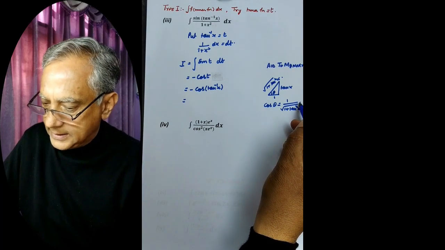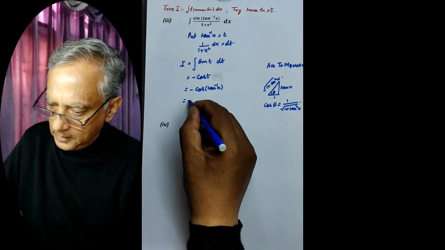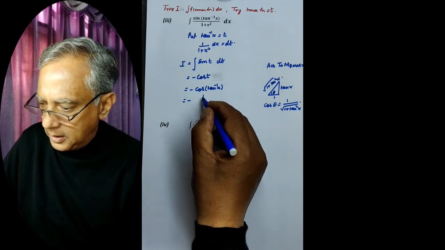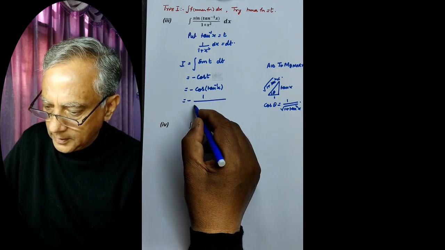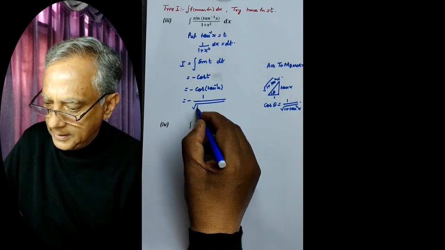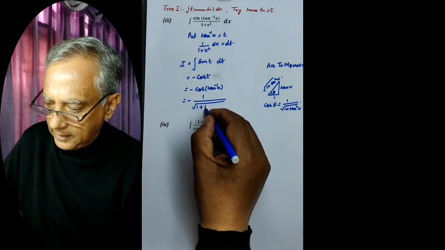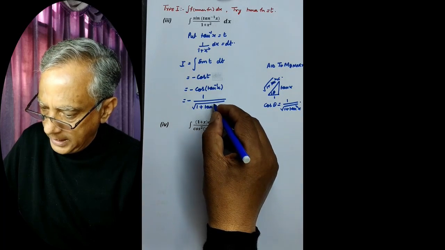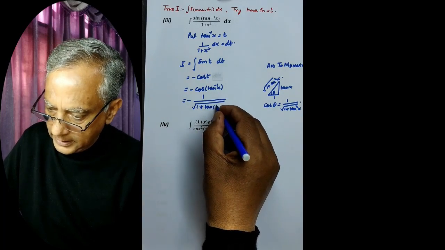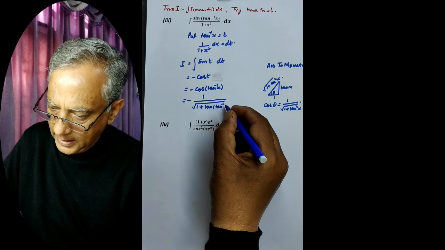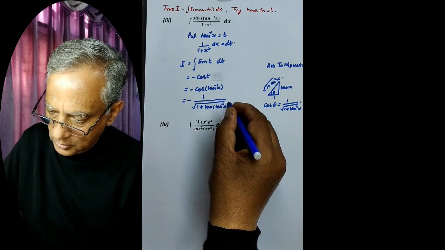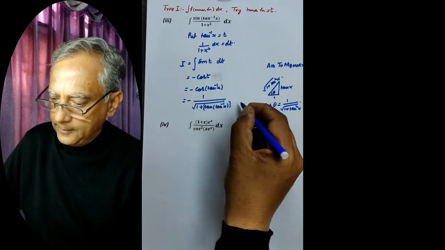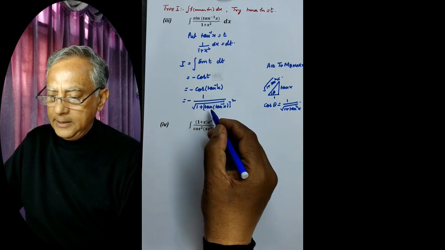Therefore we can write this as minus 1 upon under the root 1 plus tan square of this, tan square of tan inverse x. So this whole square, and tan of tan inverse x is x.